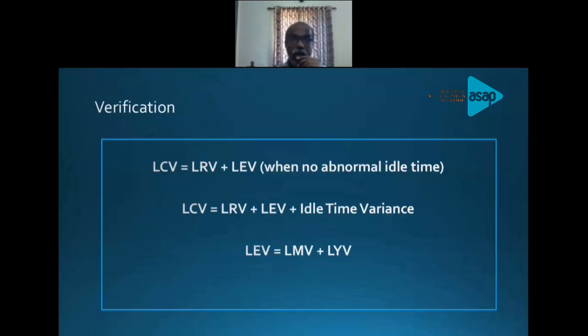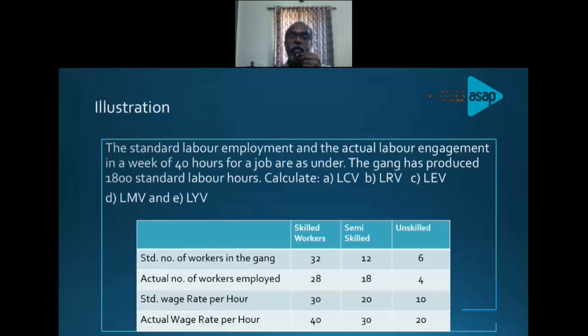Okay, we are going to solve an illustration taking into account all the labor costs. So be ready to take down the question. Please take down this question. The standard labor employment and actual labor engagement in a week of 40 hours for a job are as under.